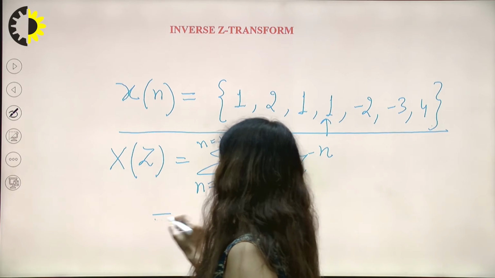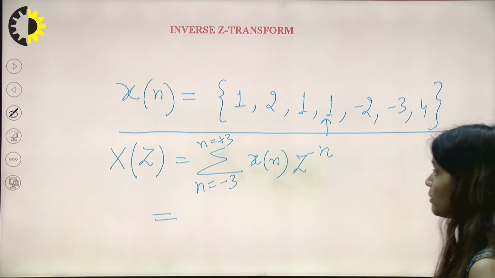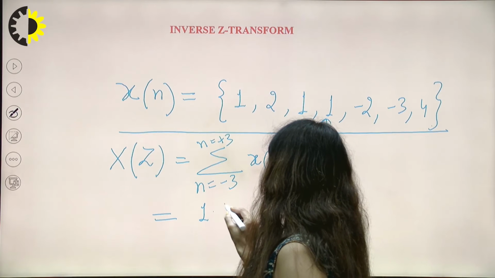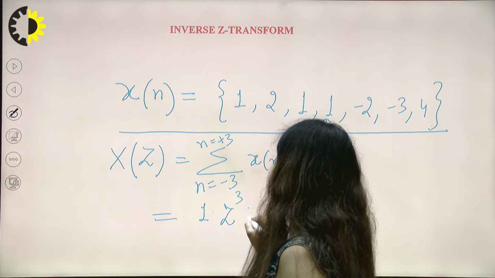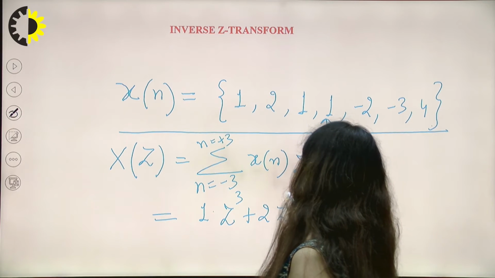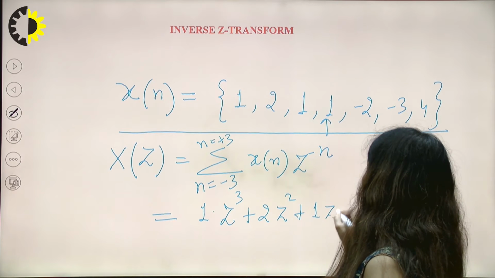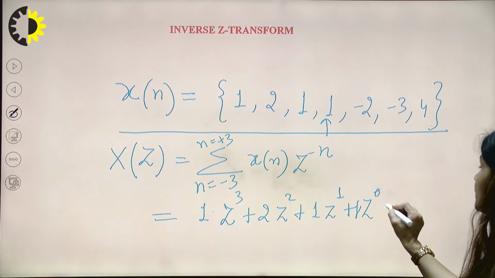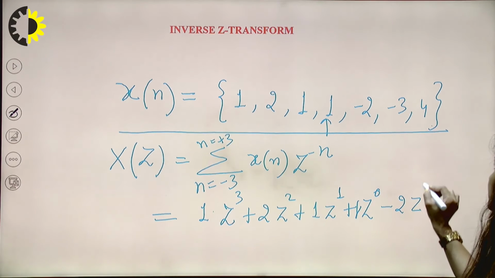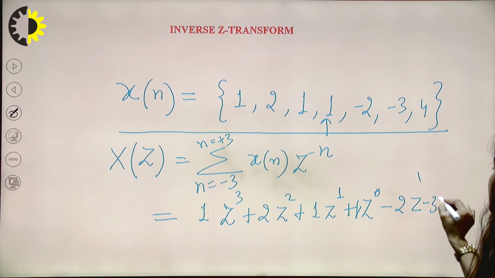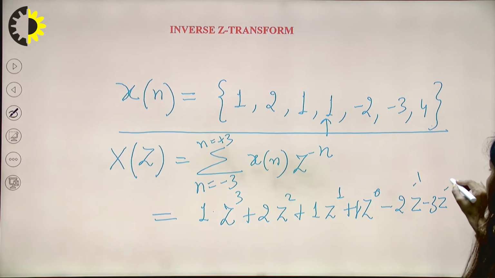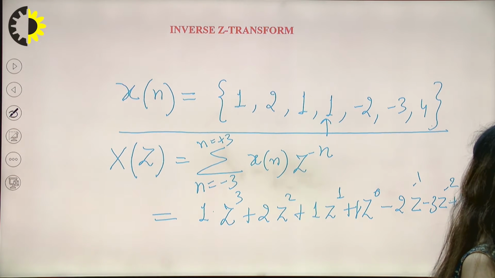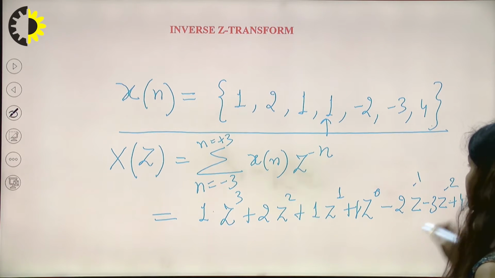If I put in all these values, I will get the same X(z): 1 into z cubed plus 2 into z squared plus 1 into z plus z to the power 0 into 1, minus 2 z to the power 1, minus 3 z to the power minus 2 and plus 4 z to the power minus 3.